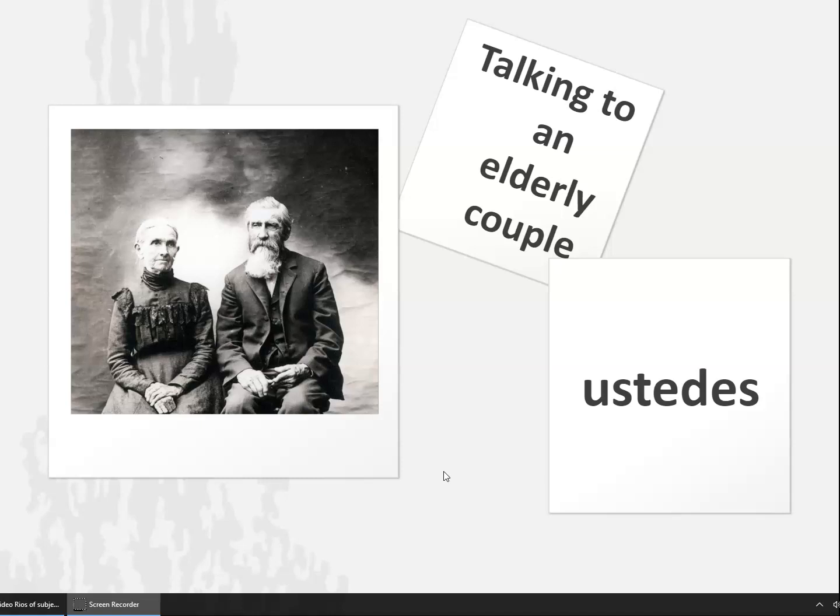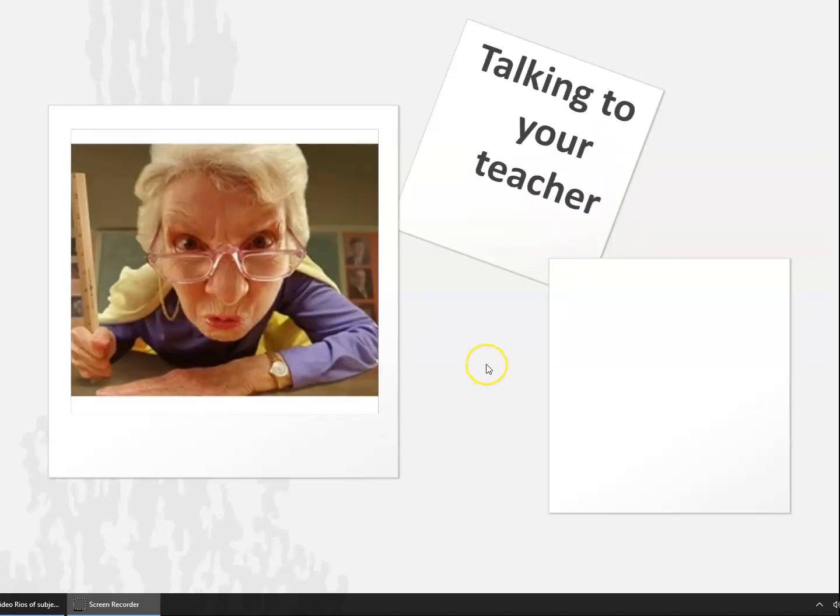Ustedes is the only answer that is formal and is plural and is used to refer to you. Talking to your teacher. You're not talking about him or about her, you're talking to them. So it's usted.